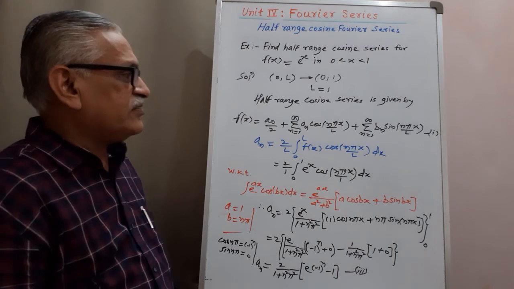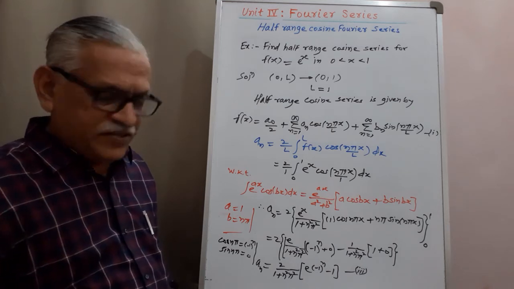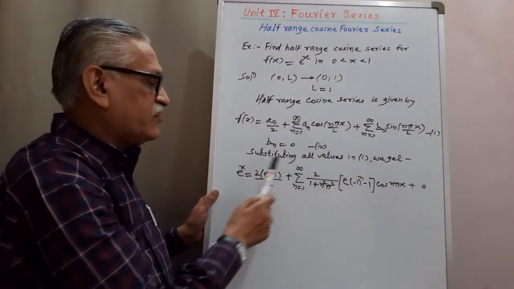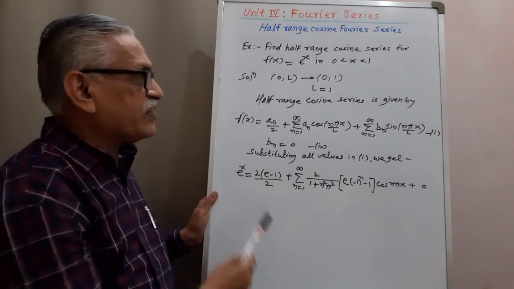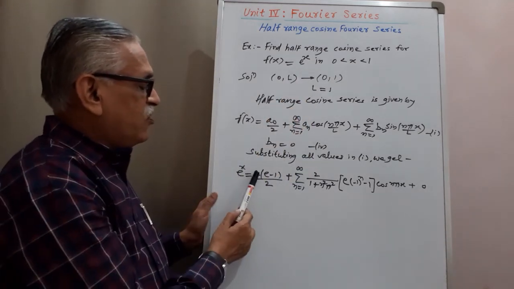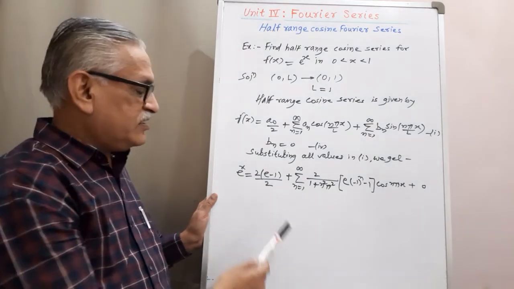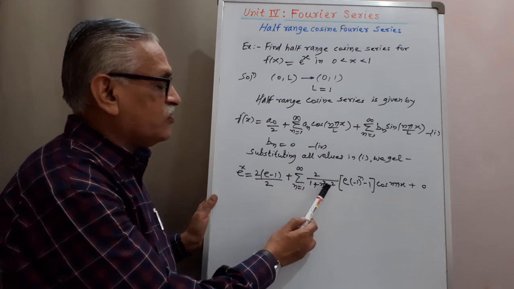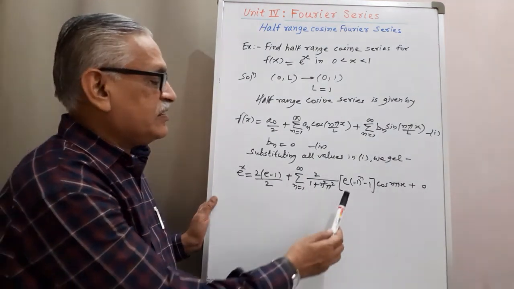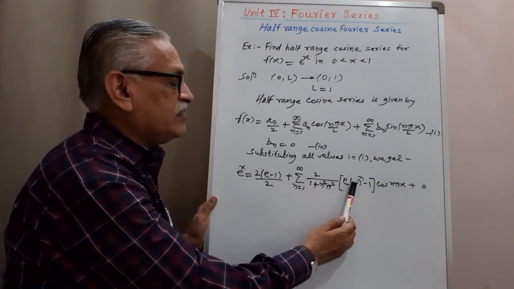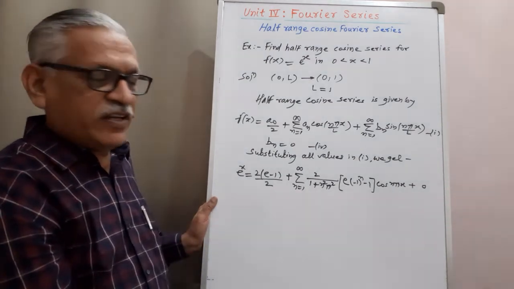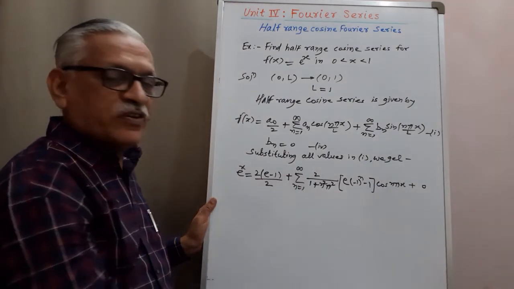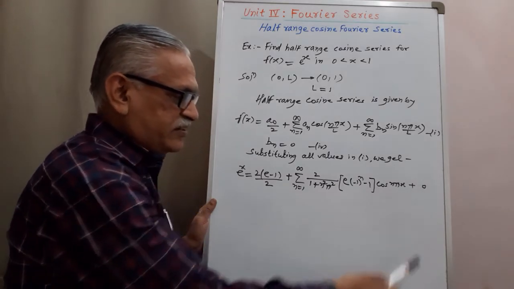And as it is a cosine series, the value of bn is 0. Substituting all the values of a0, an and bn in equation 1, we get the function f of x is e raised to x, the value of a0 is 2 times e minus 1 divided by 2, plus summation of an, where the value of an is 2 upon 1 plus n square pi square into e into minus 1 raised to n minus 1, multiplied by cos of n pi x, n changes from 1 to infinity, and bn is 0, so that term becomes 0.